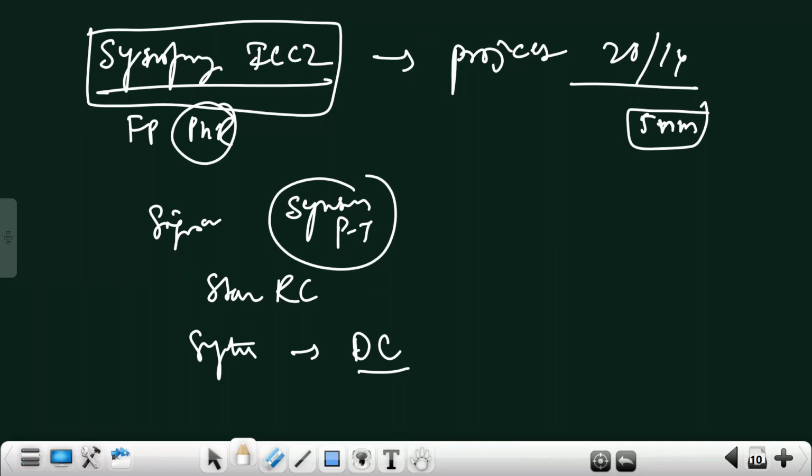PCB boards work on 5 volts, more than 5 volts. But nanoscale designs work at very low voltage, 0.9 volt, 0.5 volt, 0.65 volt, right? It is a big difference.